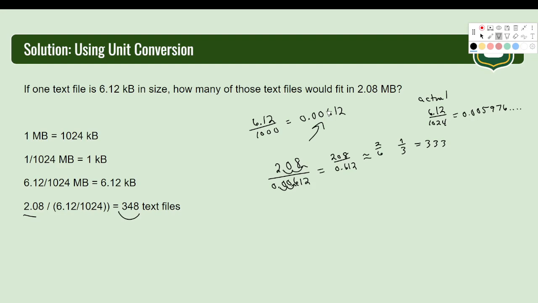If you do 2.08 divided by 0.00612, you would get about 340. So again, there's a margin of error here. Your answer choices on the Praxis should be within reason. Even estimating it, you should be able to gauge which one it would be.